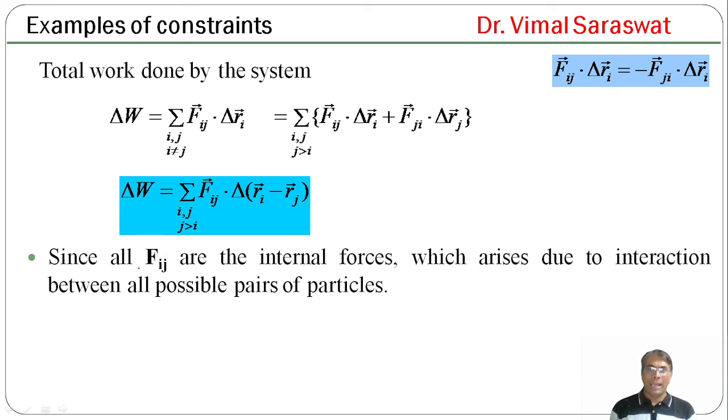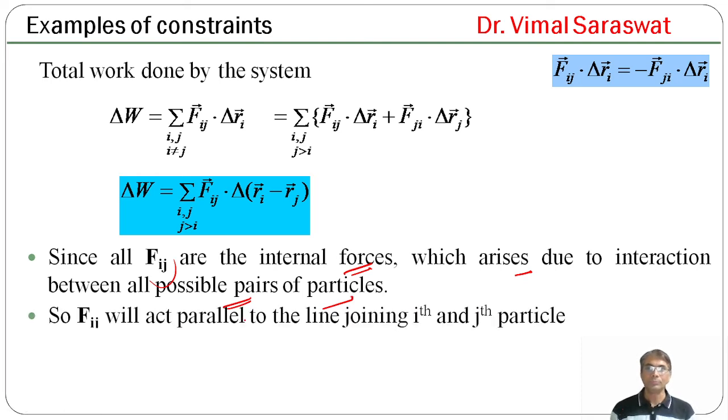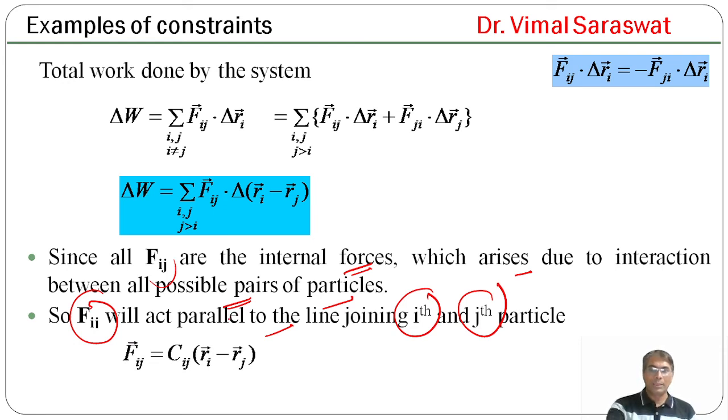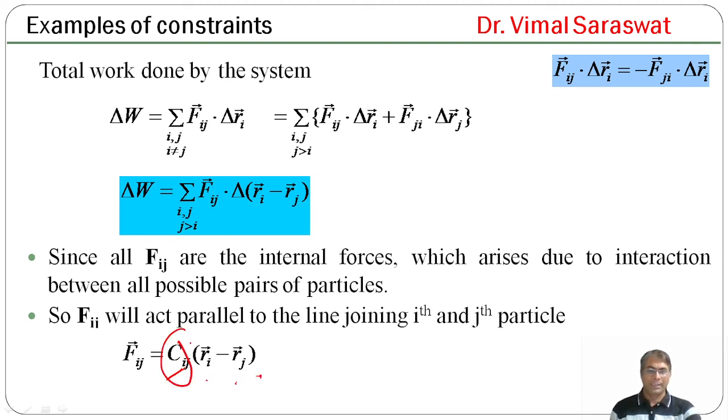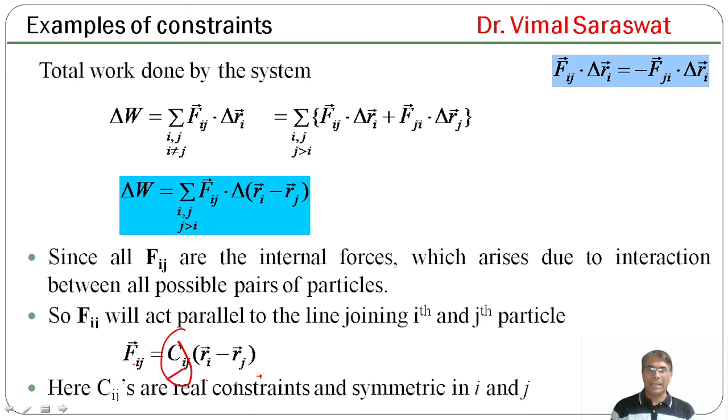Since all Fij are the internal forces which arise due to interaction between all possible pairs of particles, Fij will act parallel to the line joining ith and jth particle, and therefore Fij equal to Cij into (Ri minus Rj). Here Cij's are real constants and symmetric in i and j.